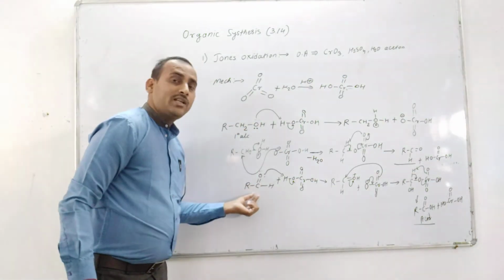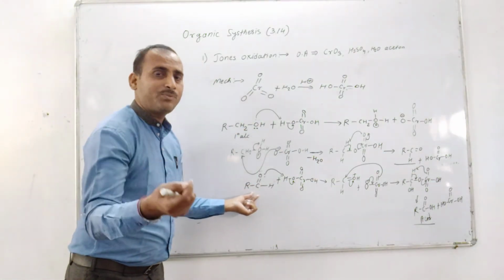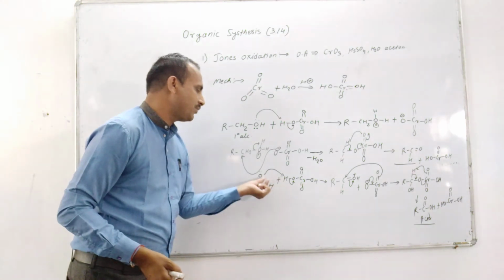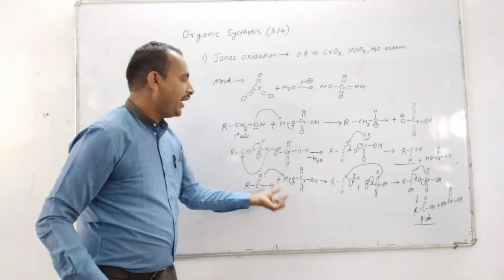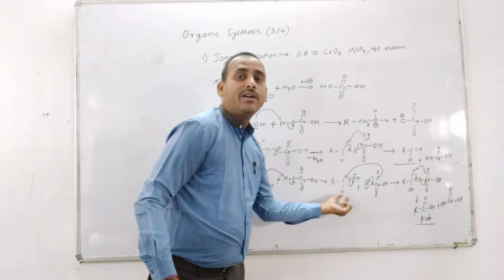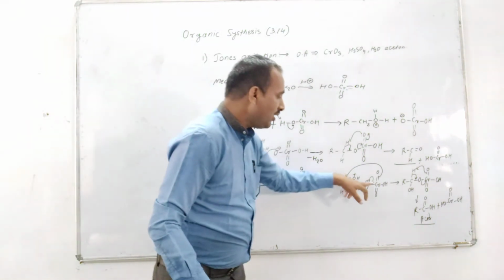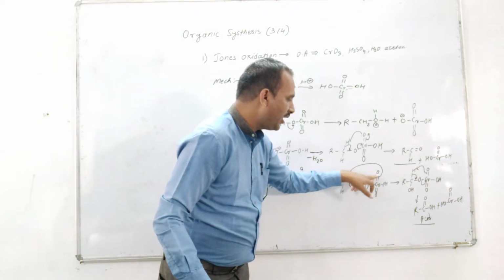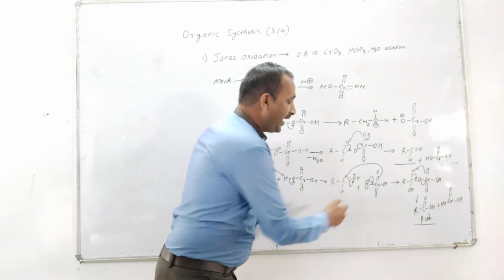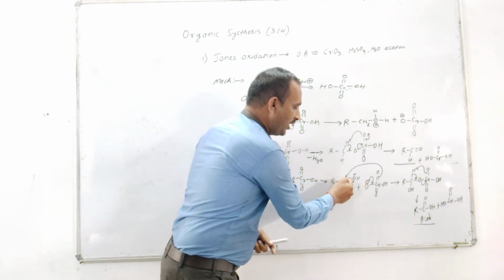Again the aldehyde takes the proton from the chromic acid through its lone pair, and again protonated aldehyde is formed. Now again O minus attacks the carbonyl carbon directly.